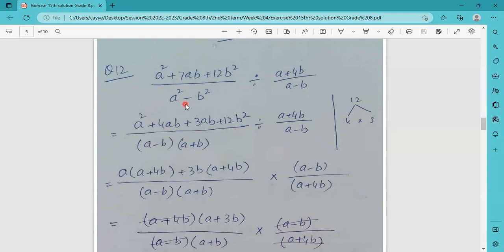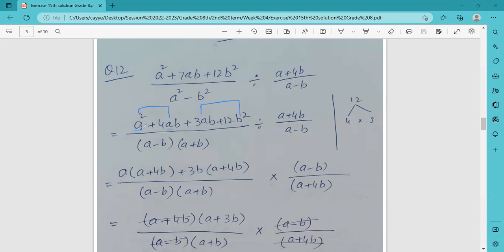Apply the third identity, a minus b, a plus b. Then a into a plus 4b plus 3b into, take out the common. How can we take out the common? We see that a is there and a is there. The first two terms are these. The last two terms are these, the third and fourth. So take out a from the first two terms.